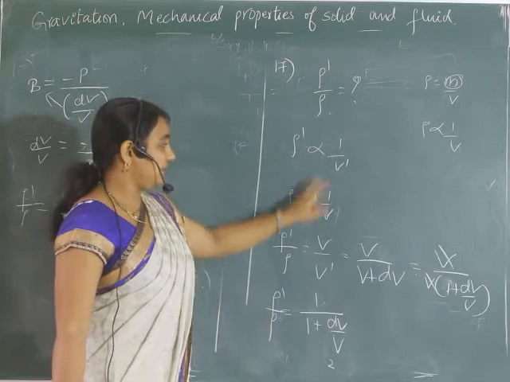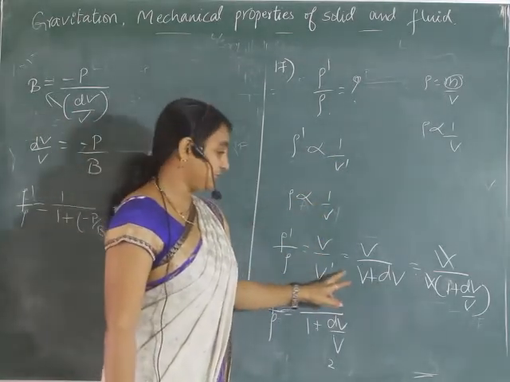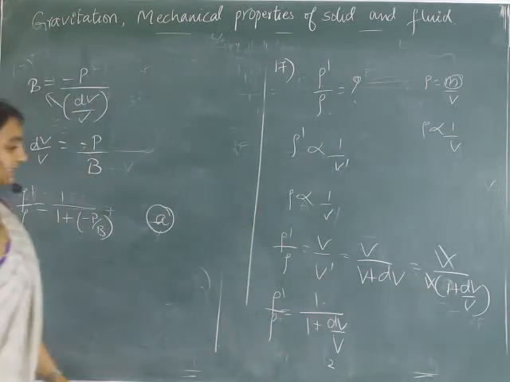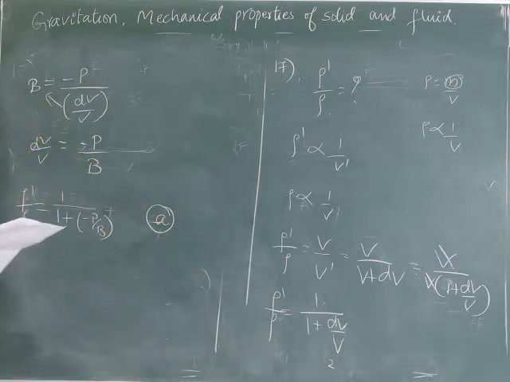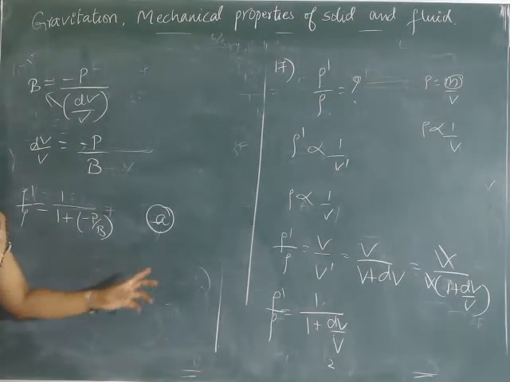If we divide these two, we get this. V dash is nothing but the increased volume, V plus dV. We take V outside, so V gets cancelled. Since they have given the bulk modulus, we can say dV by V is equal to minus P by B. Substitute, and we get this answer.